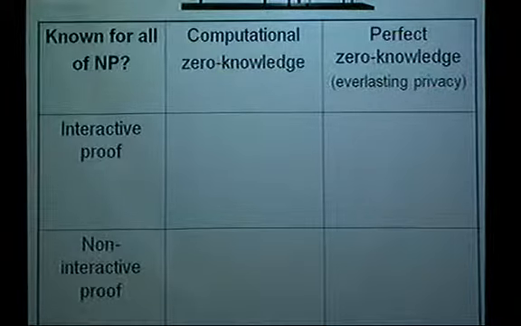I also want to talk about what pairing-based techniques can tell us about the theory of non-interactive zero-knowledge proofs. And again, I kind of want to draw a little upon the history. So we had interactive proofs.